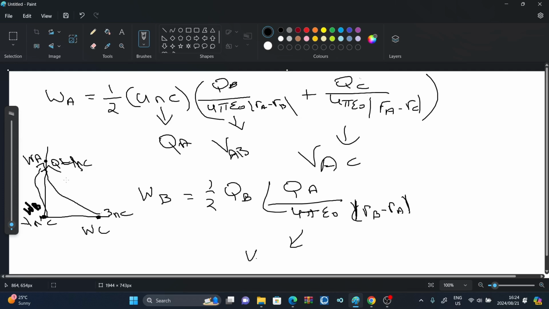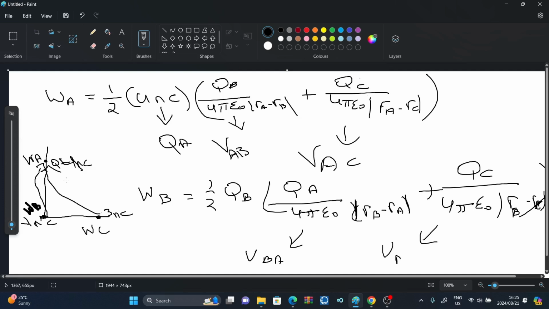That's our voltage between B and A, plus Q between B and C, over 4 pi epsilon naught, times RC minus RB. So that will be the voltage across BC.